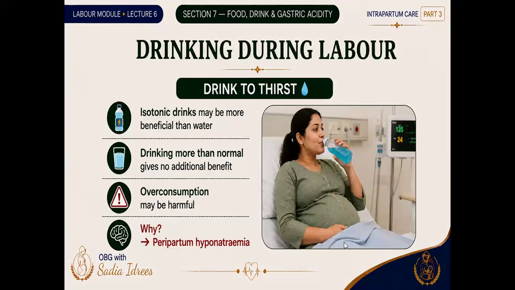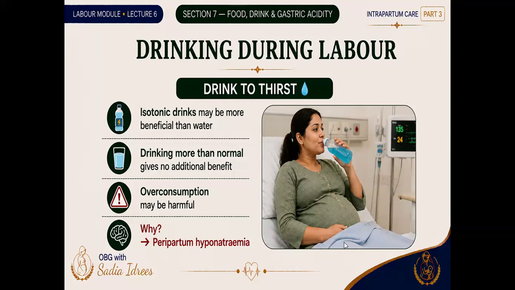Okay. The next question that immediately arises is whether a woman can drink or eat during labor. What is your opinion? Is drinking during labor allowed? Yes, and then do not force excessive fluid intake.